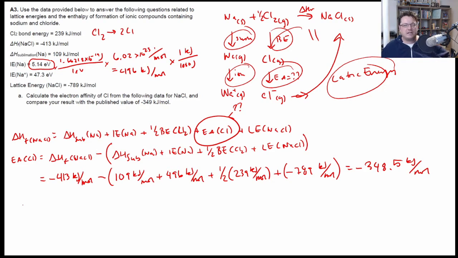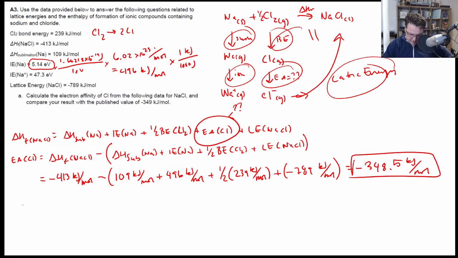The published value is negative 349. And so that's how you can use Hess's law, and also use all this stuff with the lattice energies to figure out the values that you're looking for.